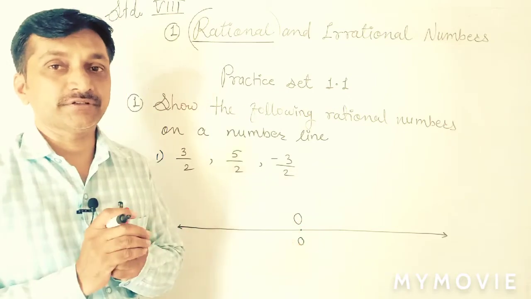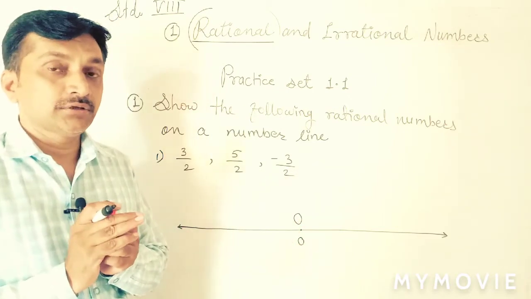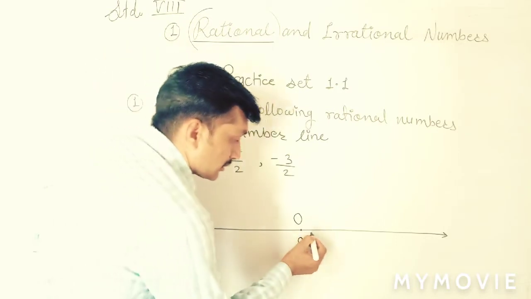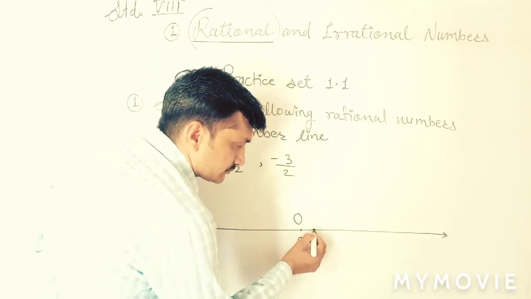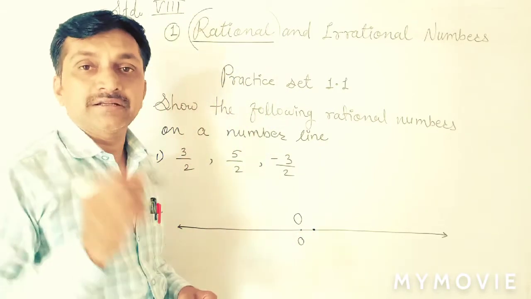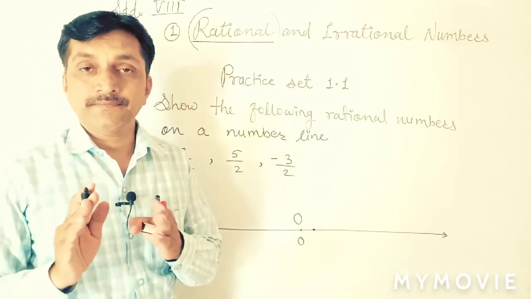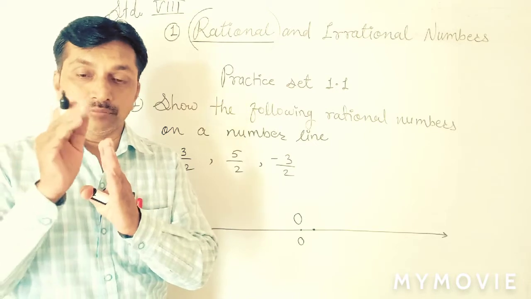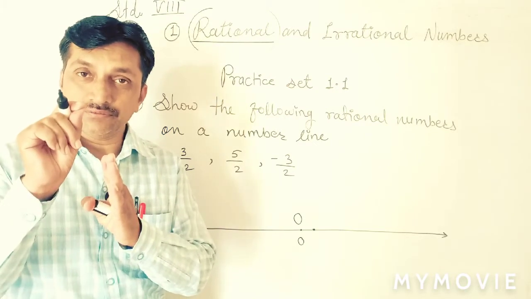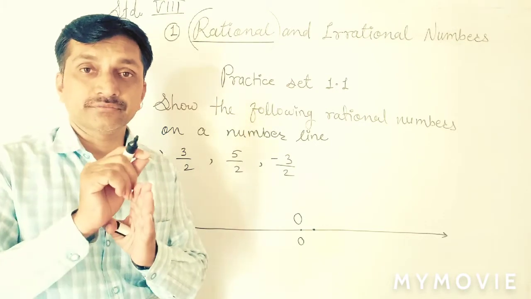Now how to represent? Easily. What I do, you see, I just plot points here at half a centimeter by the scale. Use the scale and plot points at half a centimeter.